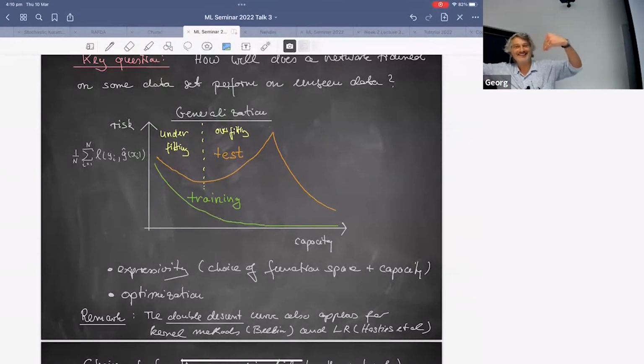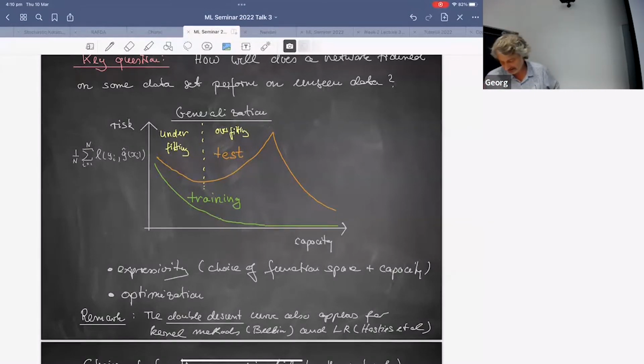But it's expressivity, but on the other hand, we just also learned it has something maybe to do with the optimization. And I think it's still not quite clear, to me at least, what the main drivers for this double descent curve are. But the very interesting observation made by Belkin and also by Hastie is that this already appears in kernel methods, and it already appears when you just do normal linear regression without regularization, as I understand.